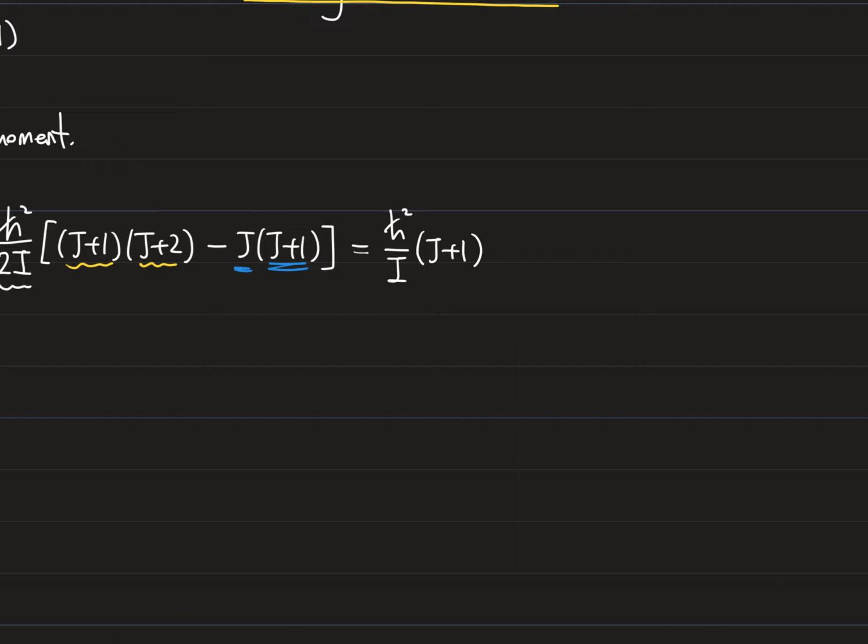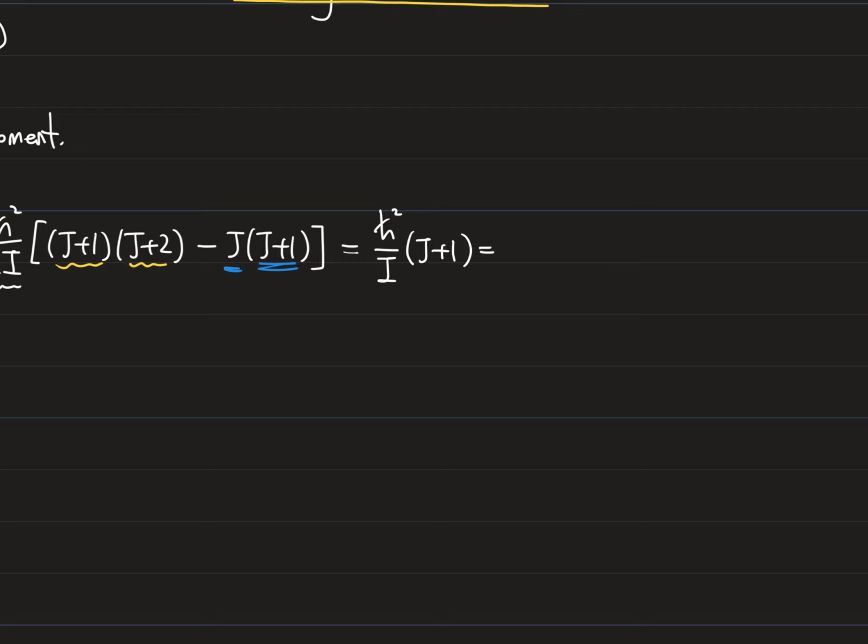And if you want to restore the Planck constant from the reduced Planck constant, h bar is the Planck constant divided by 2 pi. So that gives h squared divided by 4 pi squared I, times (J+1).